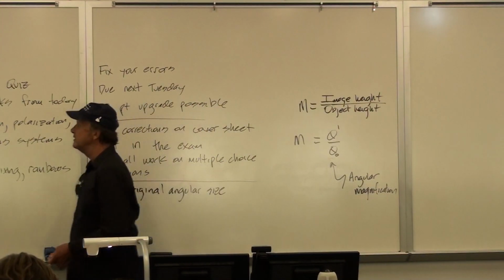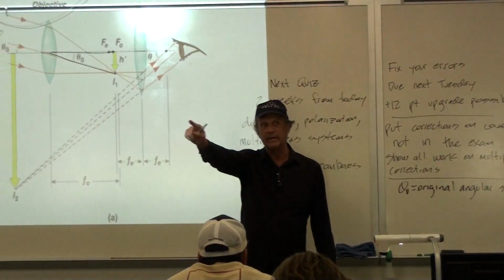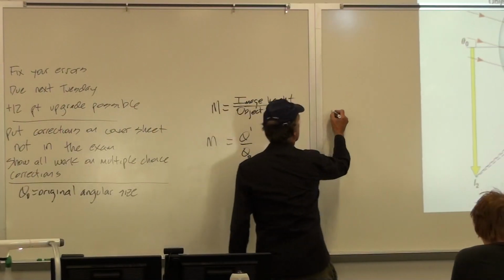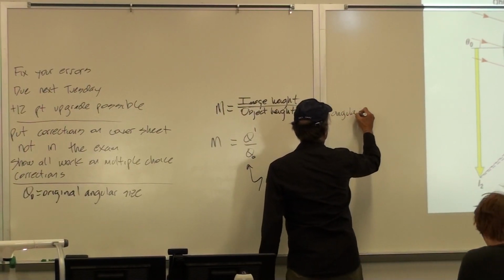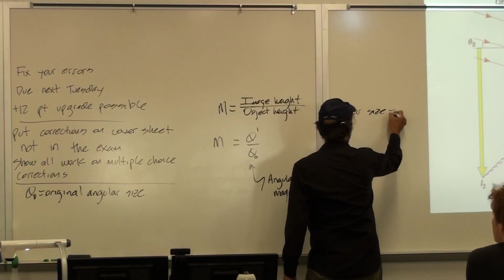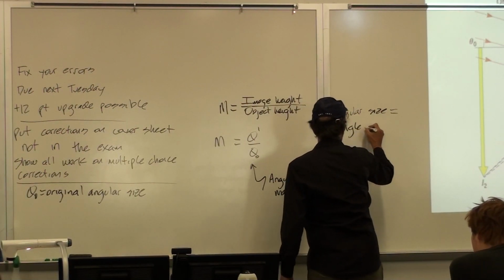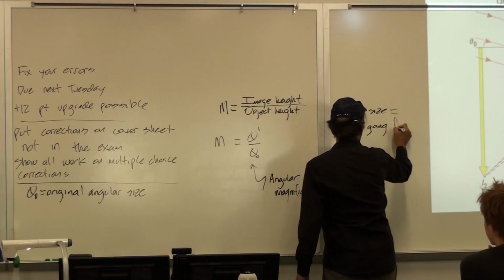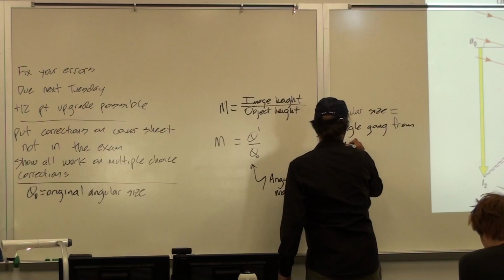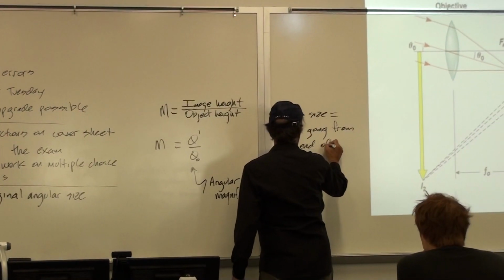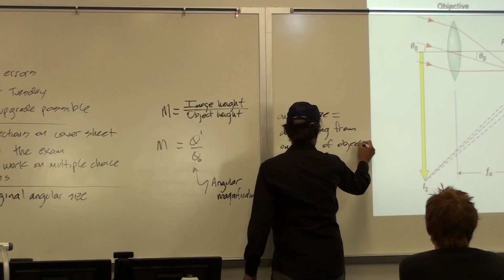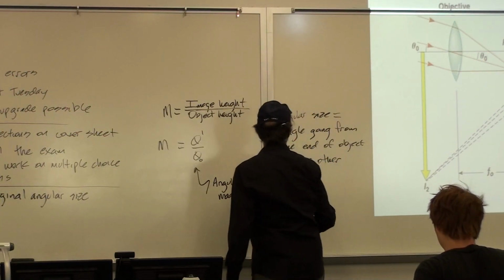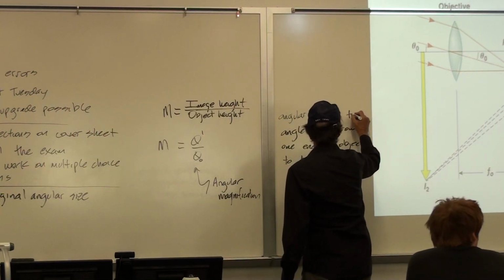Where we define this angular size as the angle that we sweep out in looking from one end of an object to the other. And this is truly not the same thing as the true size.